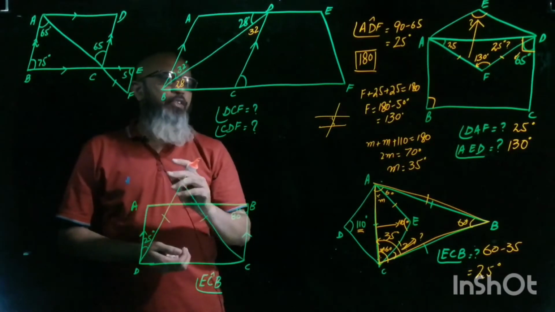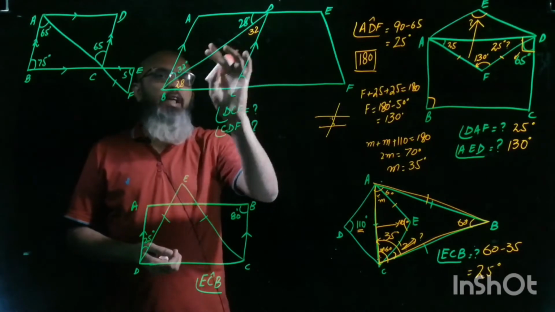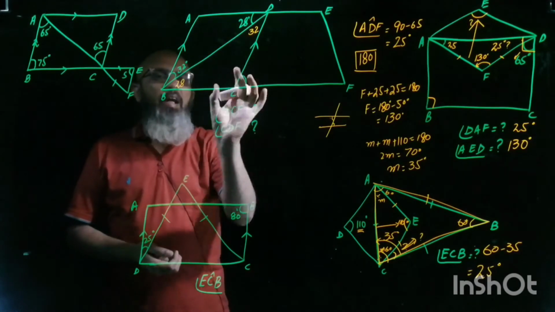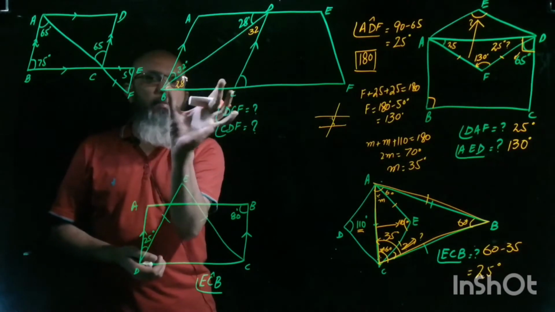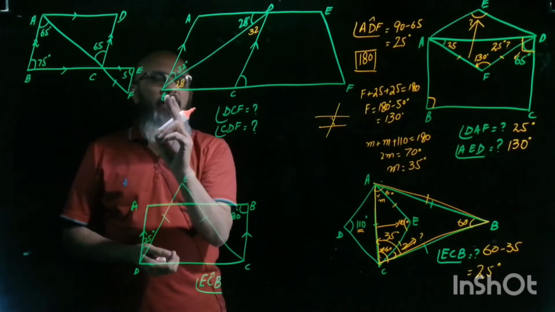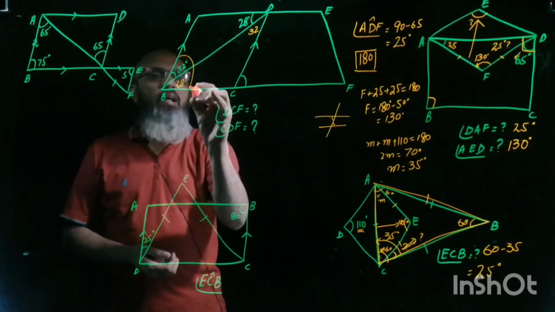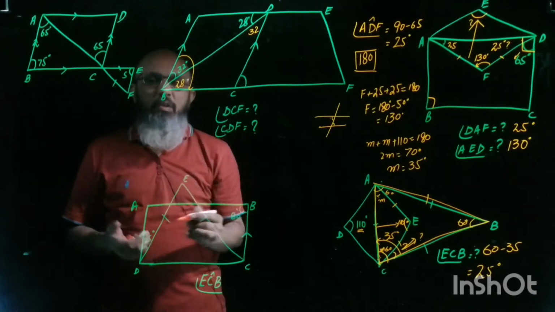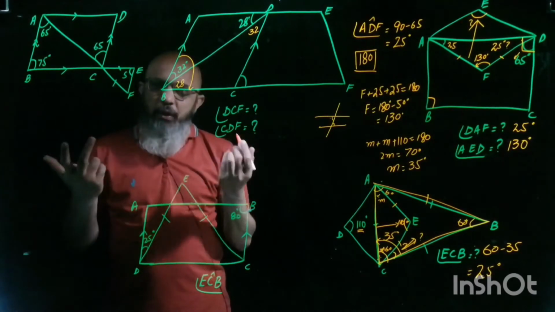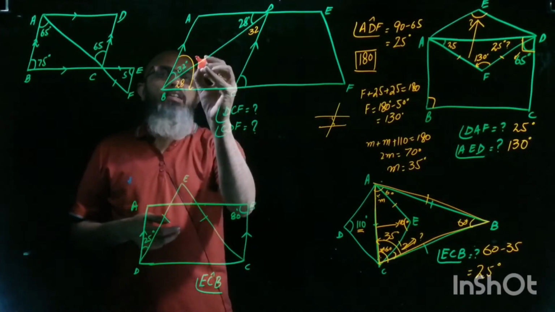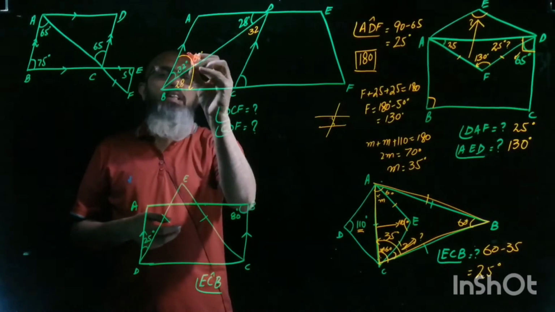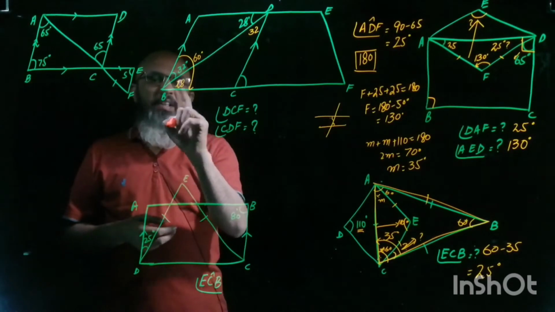Now, as you know, in a parallelogram, opposite angles are the same, right? And the sum of these two angles must be equal to 180. So what is this angle, the whole angle? If we add these two, we get 60 degrees. Means angle B of the parallelogram is 60 degrees.